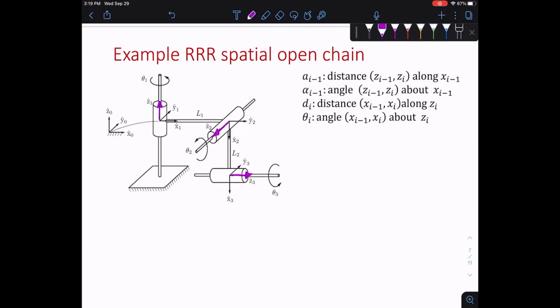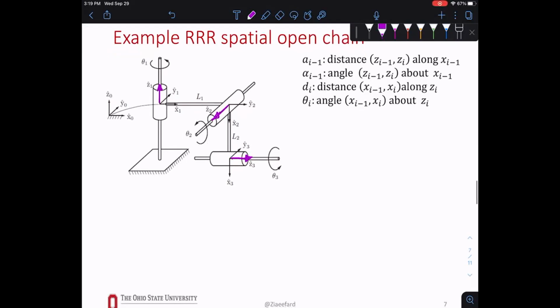How many links do you have in your table? 3. Link i, 1, 2, 3, because I have 3 joints, right? So let's call this a i minus 1, alpha i minus 1. I probably should use a smaller size because I'm going to use a lot of real estate here.